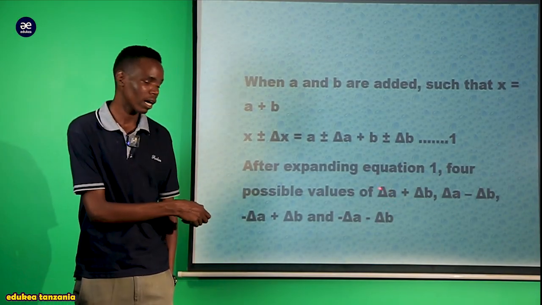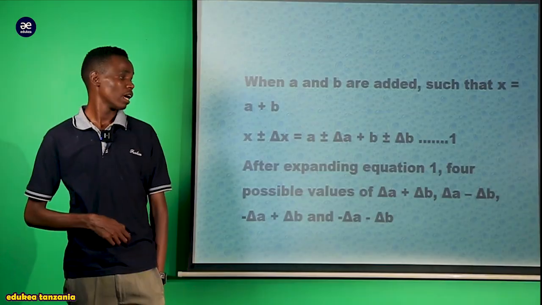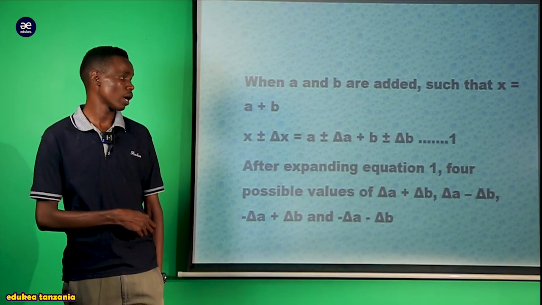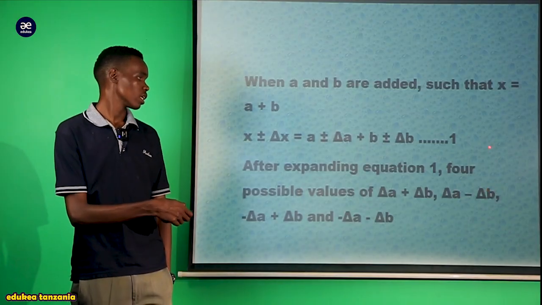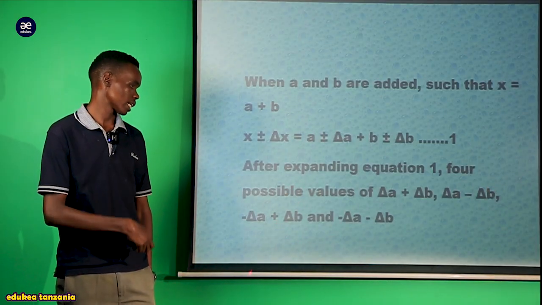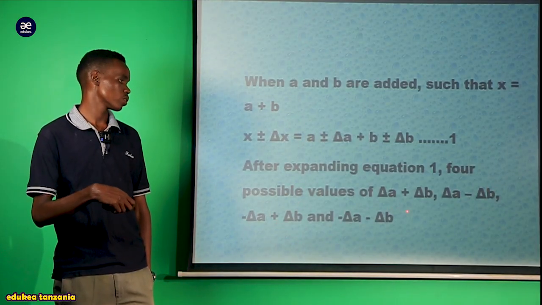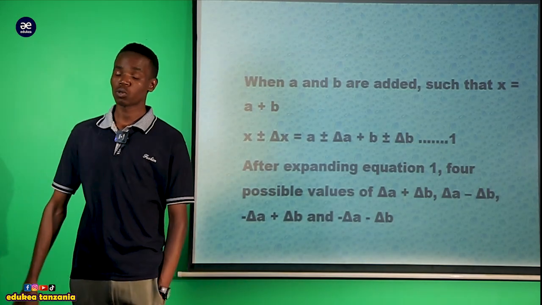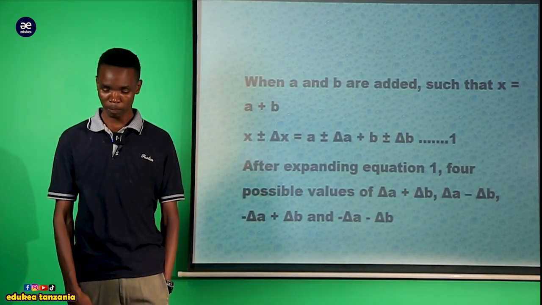Tuassume kwamba absolute of a labda ni 4, absolute of b ni 3. Ukijumlisha pale ile maximum kabisa itakuwa ni 7. Kwa maximum sana sana itakuwa ni absolute of a plus the absolute of b.